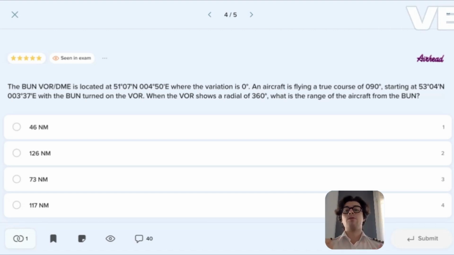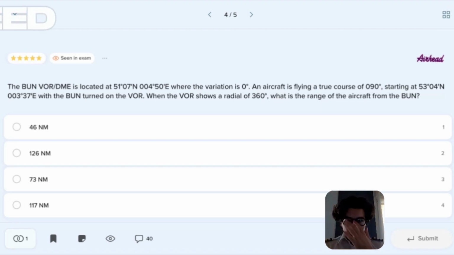And what happens when we are on radial 360? The radial 360 radiates directly to the north from the VOR. And in this particular case, when the variation is 0, that means when we are on the radial, we are directly above the VOR. So all we need to calculate is the difference of latitudes. And on latitudes, it's always 1 minute equals 1 nautical mile. So in this case, we are 2 degrees minus 3 minutes, so this will be 117 minutes.